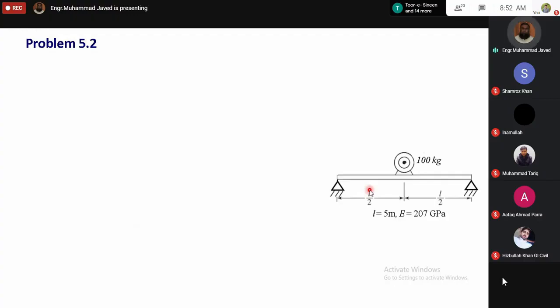Okay, so we have a simply supported beam and a rotating machine whose mass is 100 kg is attached or anchored to the beam. Length of beam is 5 meter and it is made of mild steel whose modulus of elasticity is 207 gigapascal.